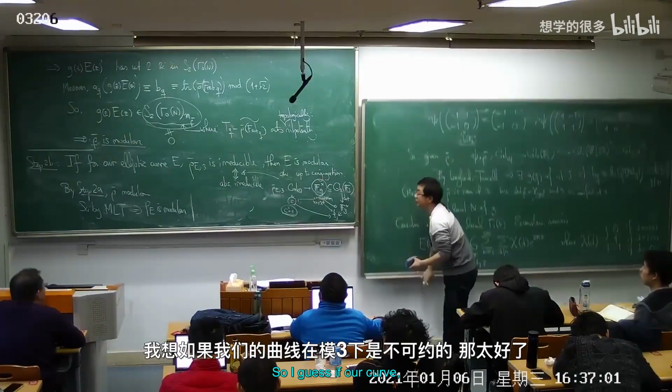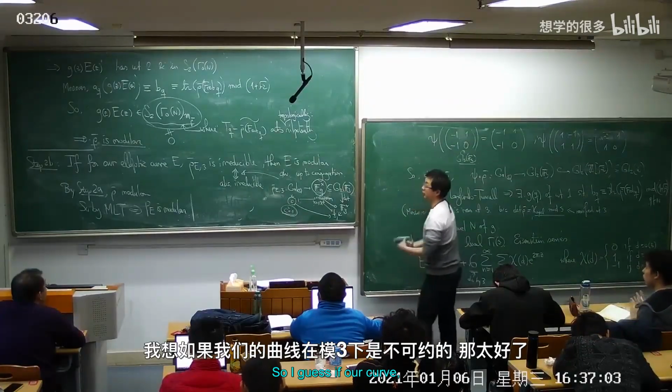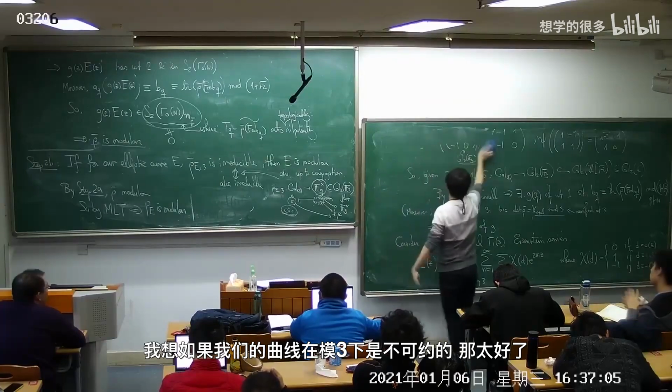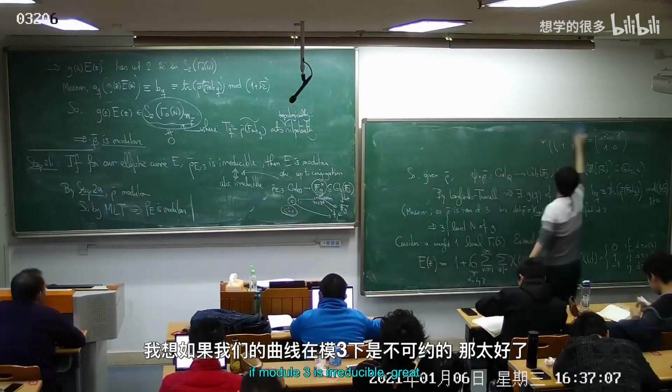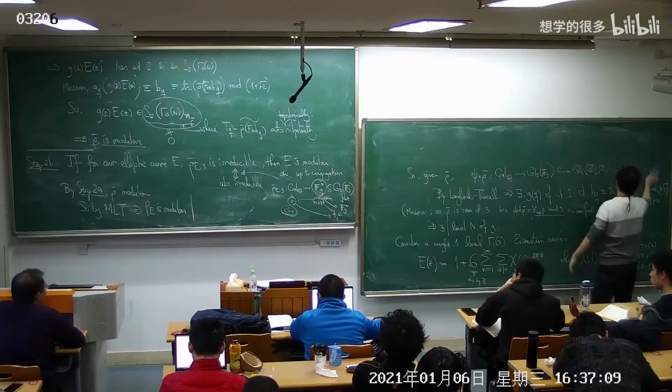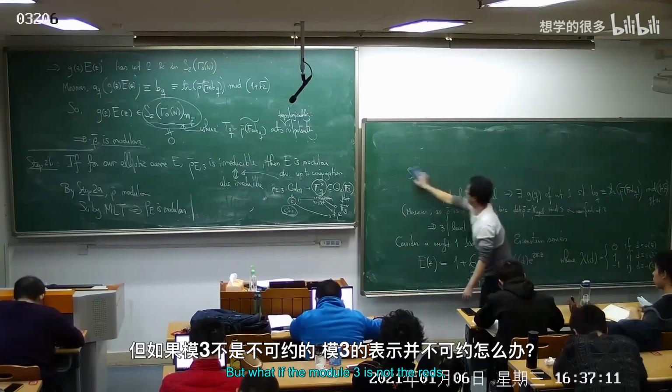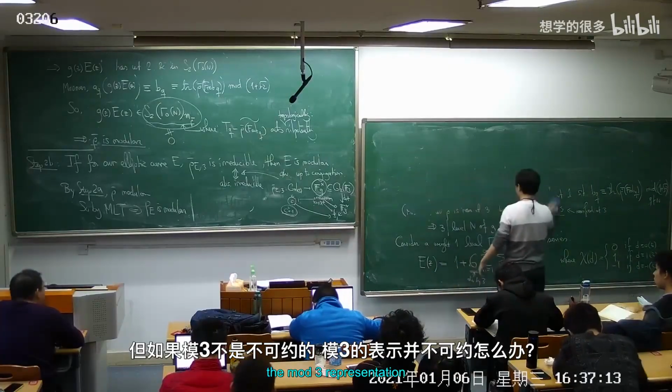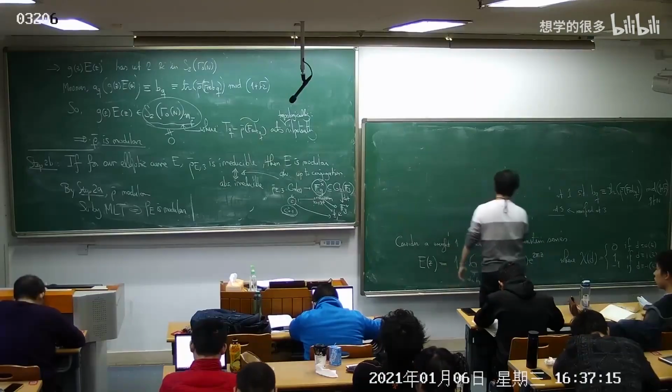So if for our elliptic curve the mod 3 representation is irreducible, great. But what if the mod 3 representation is not irreducible?